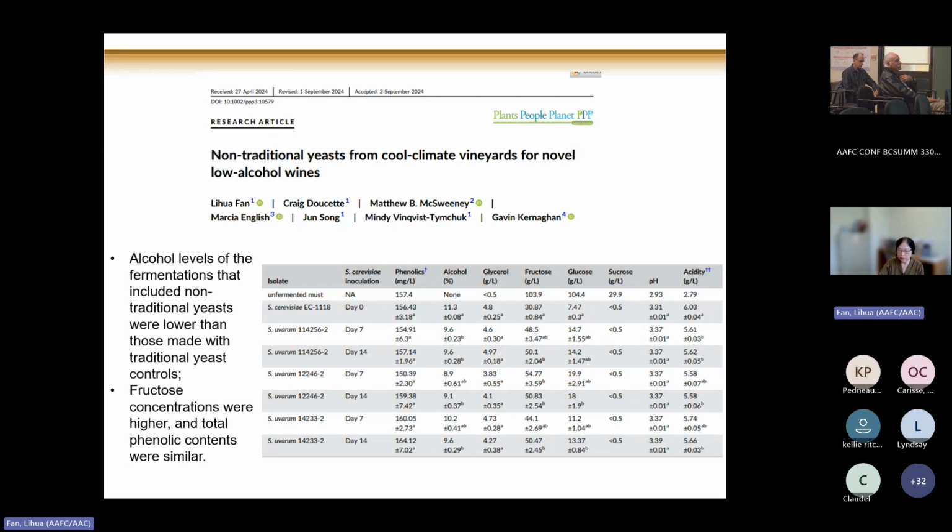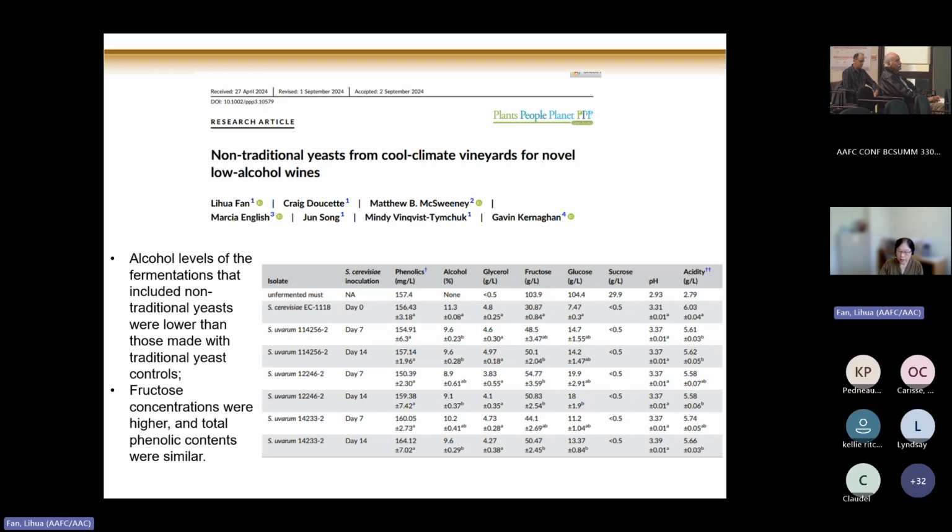This table is an example of quality parameters of wine fermented with our selected non-traditional yeast, inoculated on day 1, and then followed by inoculation of commercial yeast Saccharomyces cerevisiae on day 7 or day 14. We found that the total phenolic compounds of the wine were not significantly different among all samples.